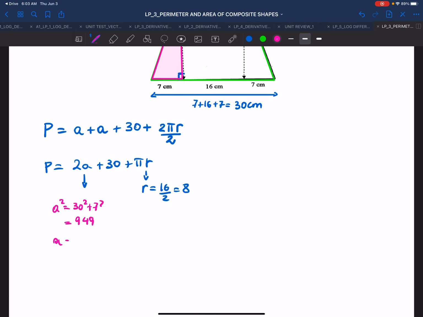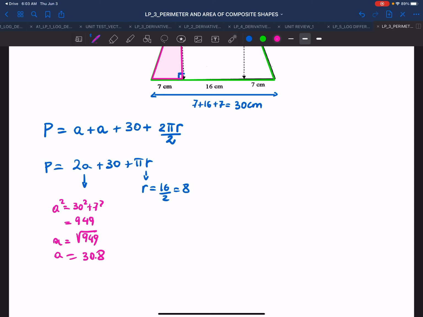So therefore a would be square root of 949. And the square root of 949 is about 30.8 units.